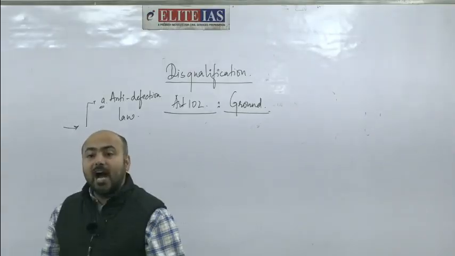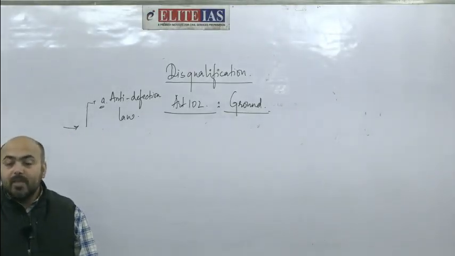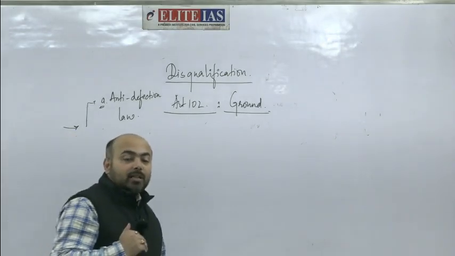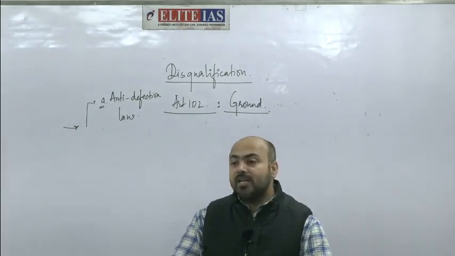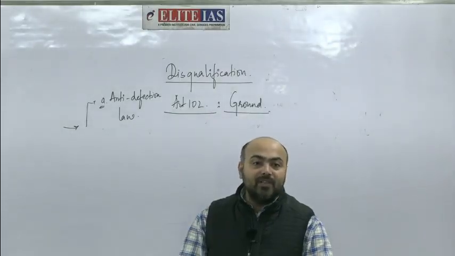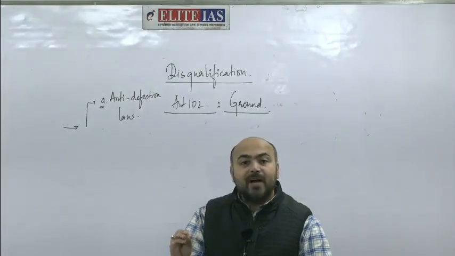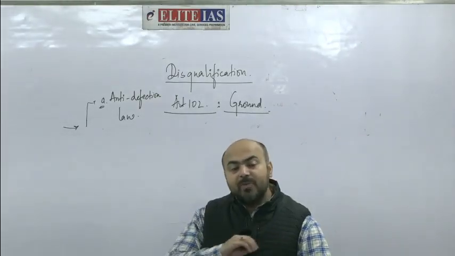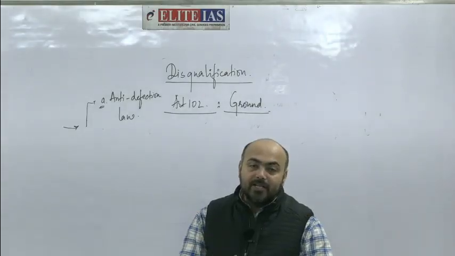Similarly, we have also discussed that because of the implementation of the anti-defection law, political parties have the power to issue whips, and such whips cannot be defied by any members of the political party.